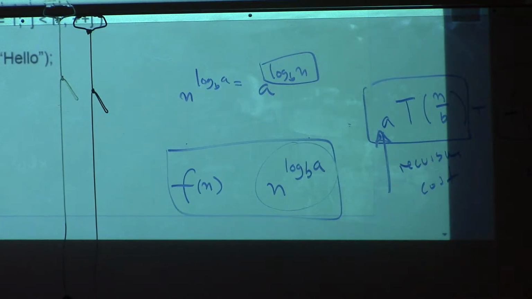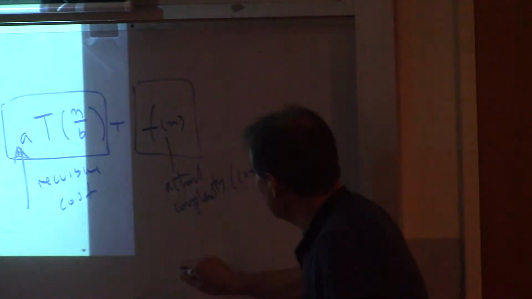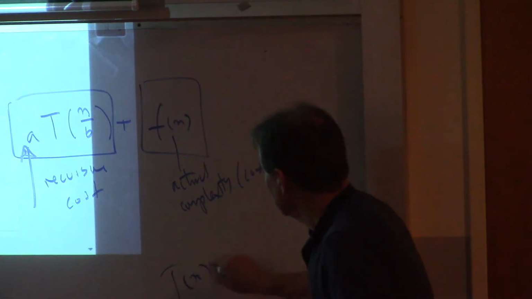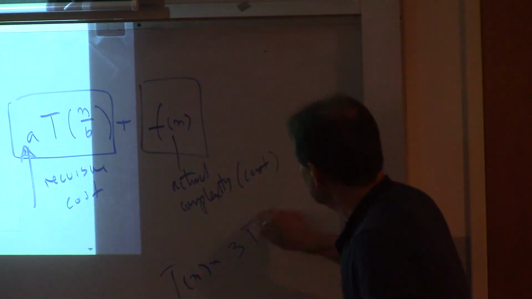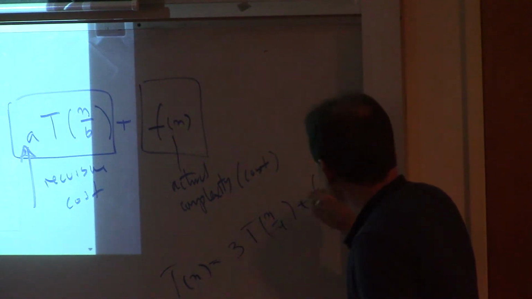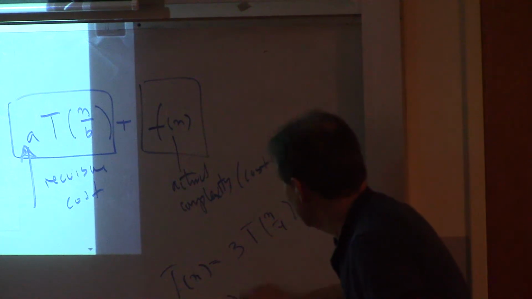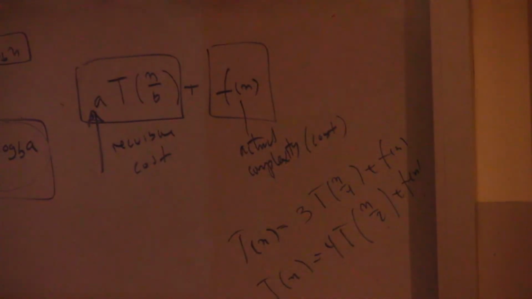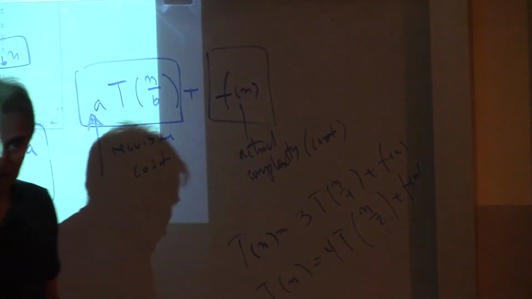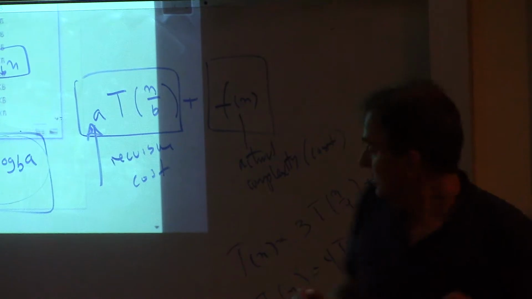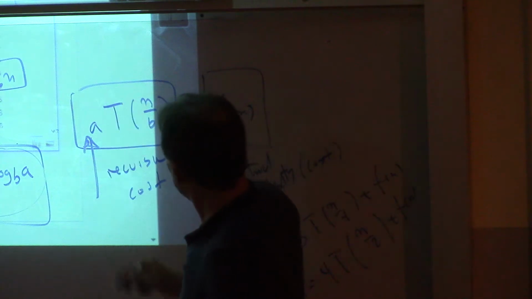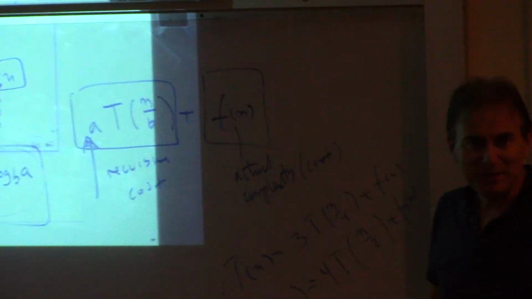For example, I could have T of n is equal to 3 T of n over 4 plus f of n. I could have another one, T of n is equal to 4 times T of n over 2 plus f of n. So what I'm saying to you is that there are different values of A I could have, right? Okay, so look at this one, which is some function. Look at this one, it's another function. And you know what we had before, we had merge sort, right?